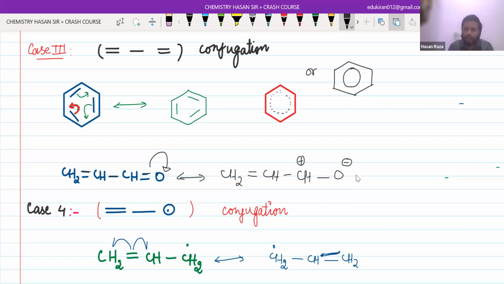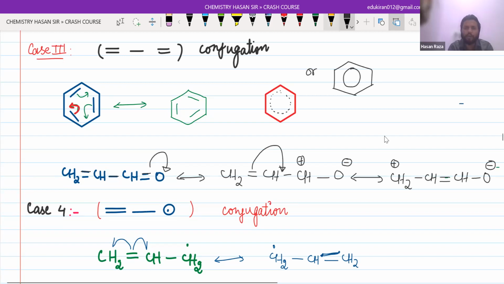Again this will move to this, and then you will get this part CH2 positive on the first carbon, and the rest you can see CH, and a double bond comes between these two. And if you want to draw the resonance hybrid, you need to show the sigma bond only like this and this.